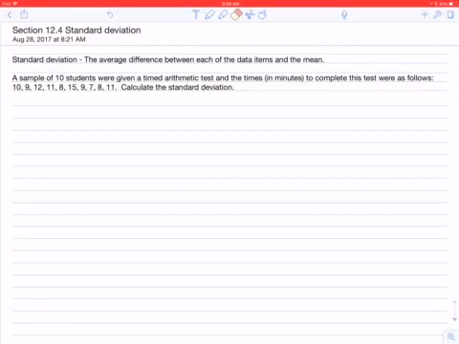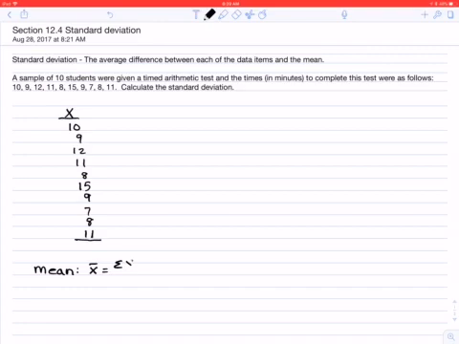So I'm going to list the values. I'll call the values X in a column form. All right, to find the mean, I'm going to use this formula.